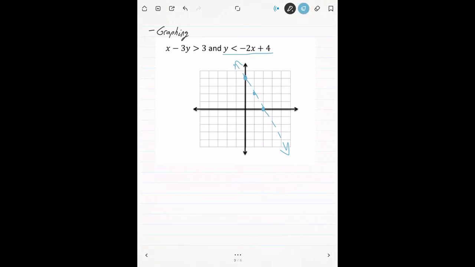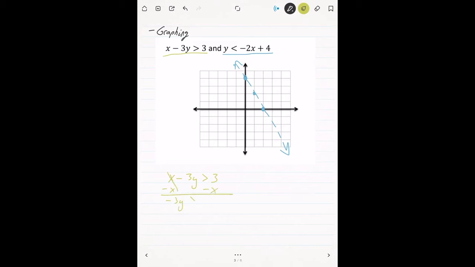Okay. So here's the one line, and now in a different color, maybe red. Actually, I'll use green for this. I'll graph this line. Well, the problem is this isn't solved for y, so let's do that. I'll say x minus 3y is greater than 3. Let's subtract x from both sides.